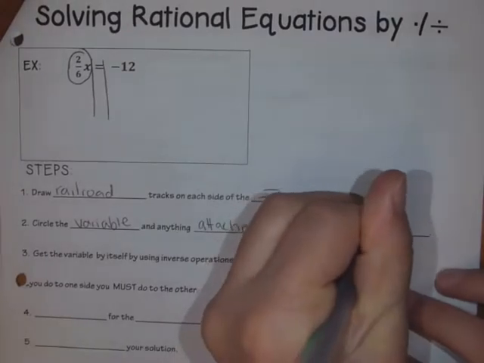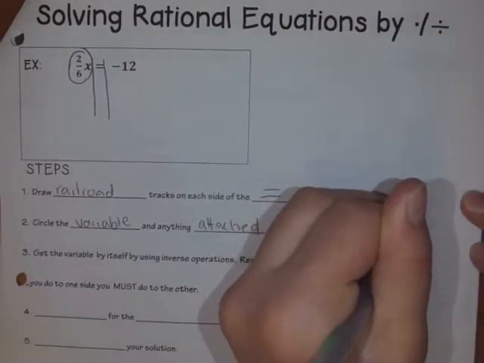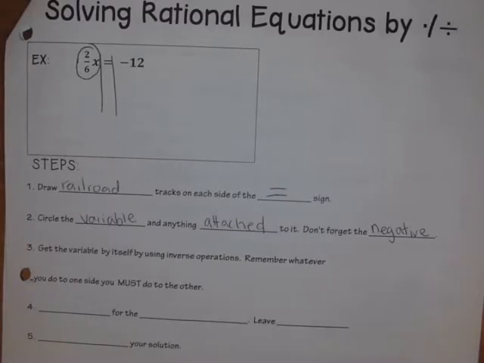Don't forget the negative. I cannot tell you how often you guys are still forgetting that negative. Okay, if there is a negative involved, that must be circled too. It's really important that you remember that.